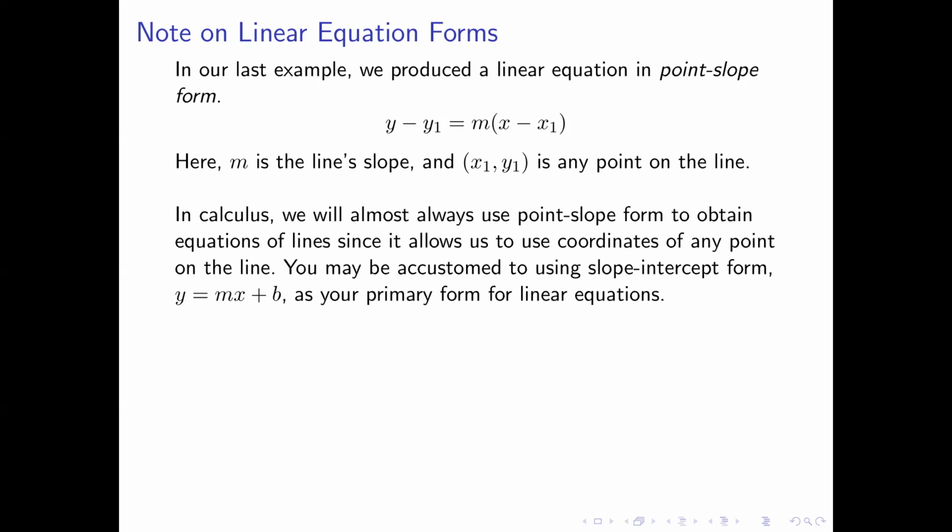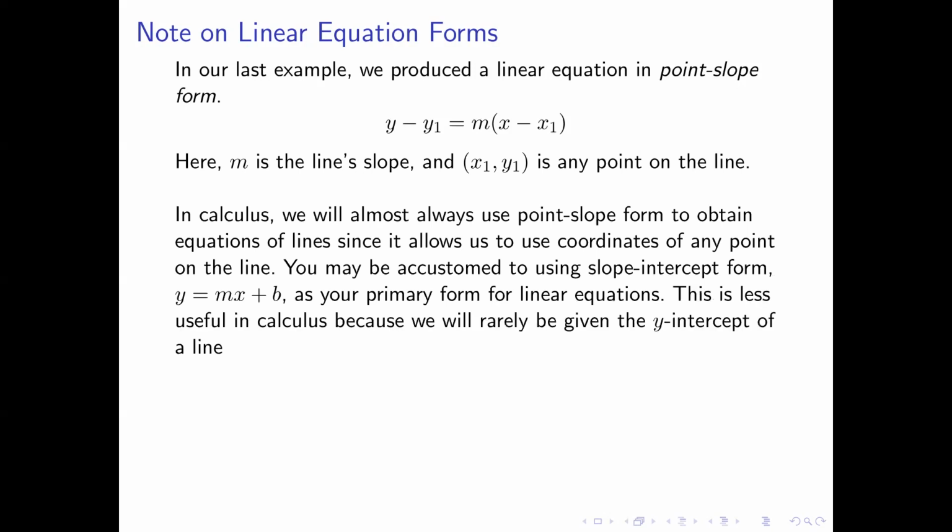You might be more familiar with a different linear equation form, slope-intercept form, often written as y equals mx plus b. The problem with using slope-intercept form all over the place in calculus is that we will very rarely know a line's y-intercept. Now, often we would be able to find it, but that would be extra work that we don't need to do and that we might make a mistake in.